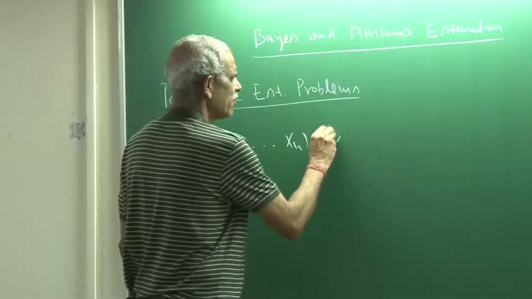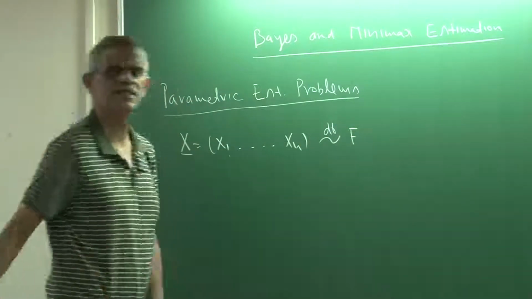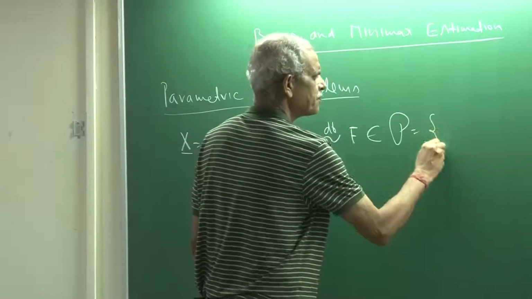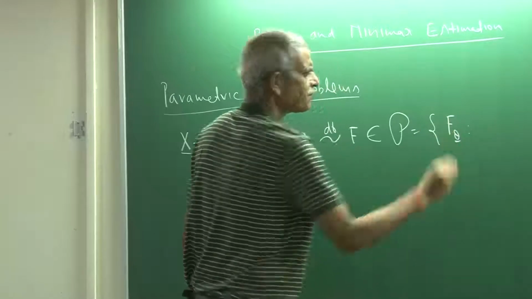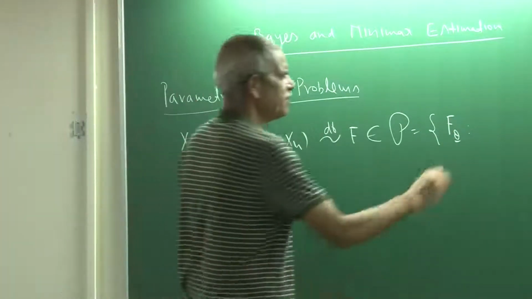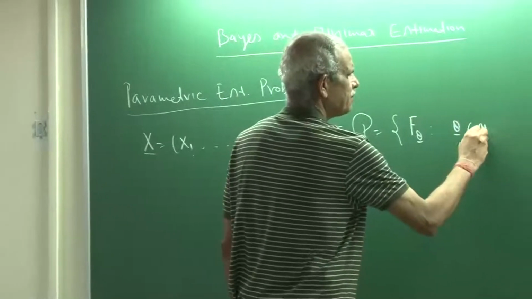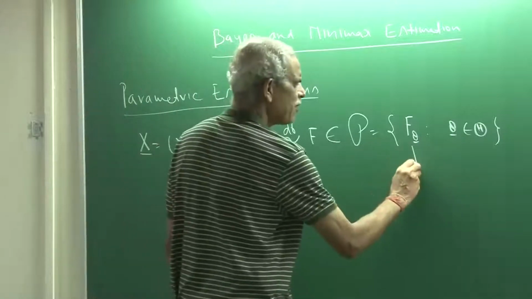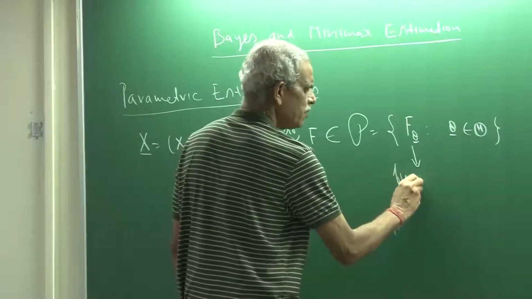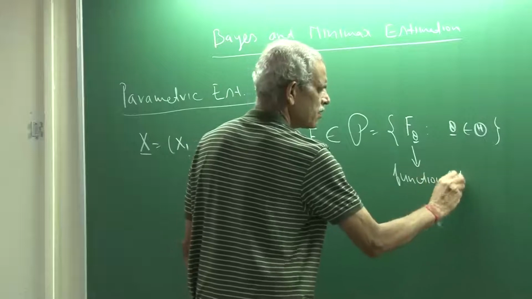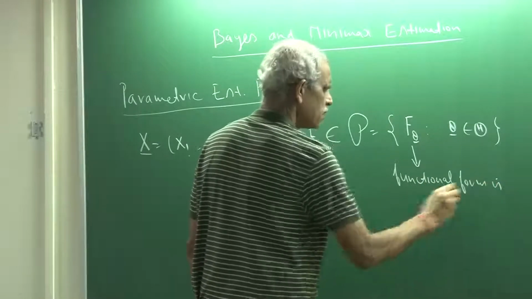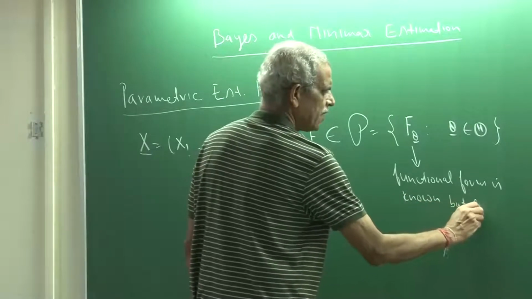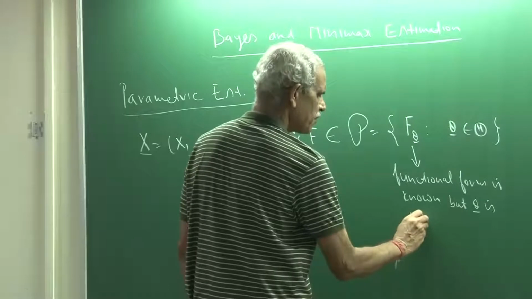This is distributed according to some distribution function f which belongs to a parametric family P, f theta, such that theta belongs to capital Theta. Now in this case, the form of f theta is known, the functional form is known. But theta is unknown. So that is the situation.